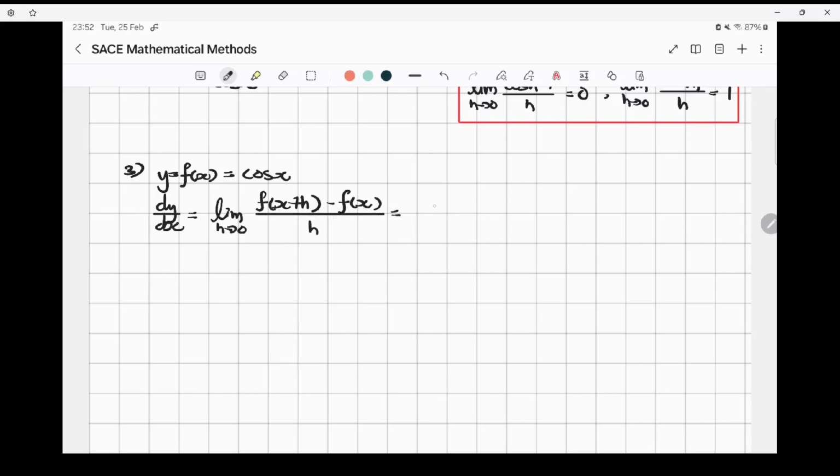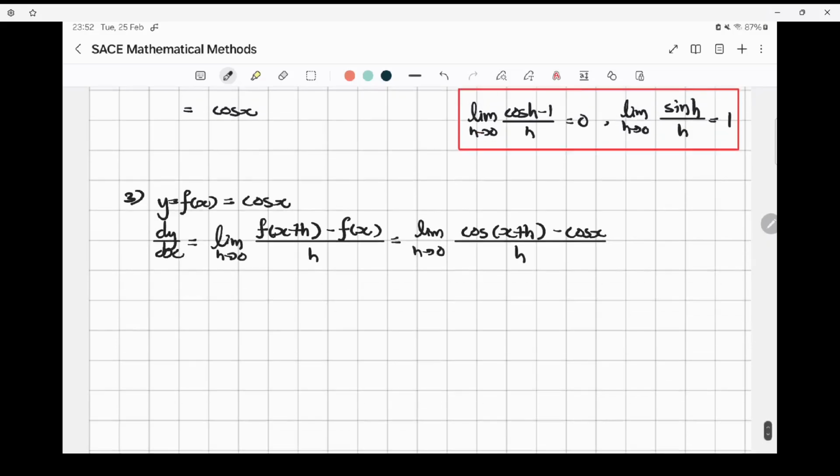So now what you have is the limit as h approaches 0 of cos(x plus h) minus cos x, and then the whole thing divided by h. Over here you use another identity: cos(a plus b) equals cos a cos b minus sine a sine b.